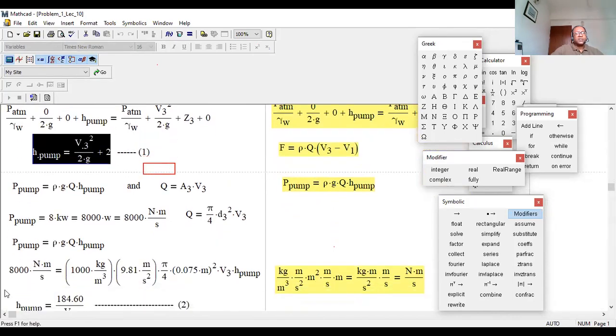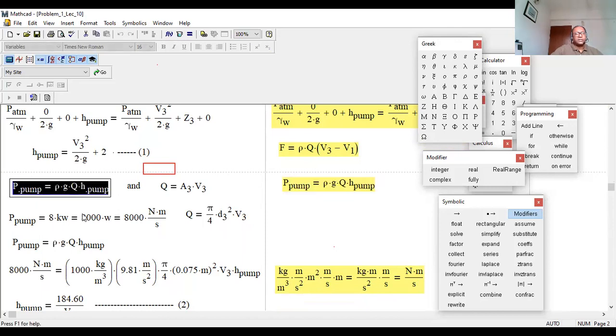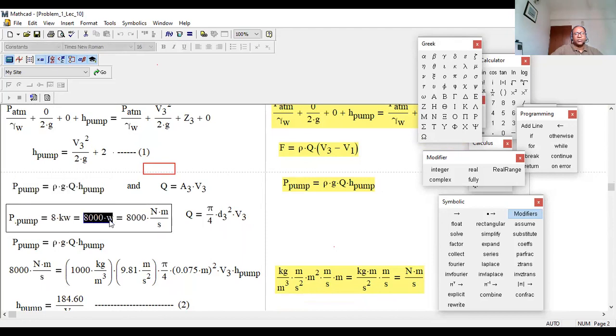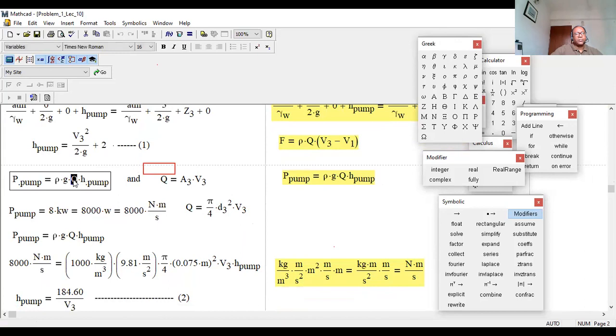Now, the one clue they are giving is the power of the pump, 8 kilowatt. So this equation we will use. The left side will have 8,000 watt, the power of the pump. And what is Q? Q equals pi by 4 D3 squared times V3, right? So right over here we put Q, the power of the pump is given, and H pump is already over here.